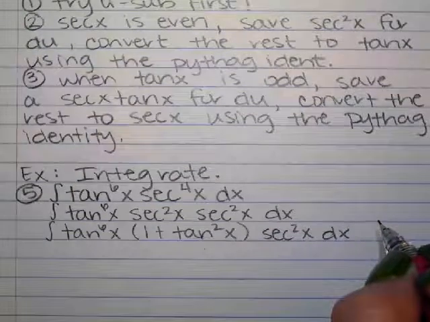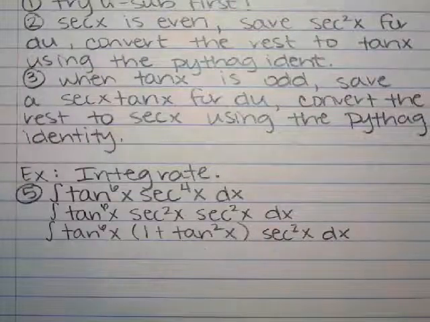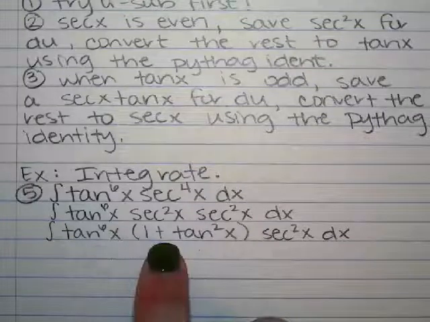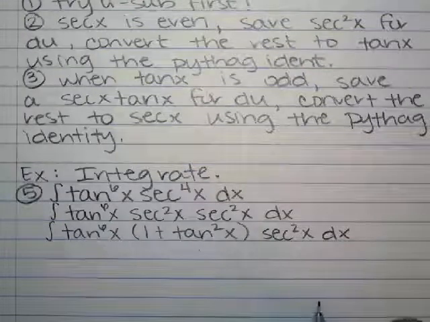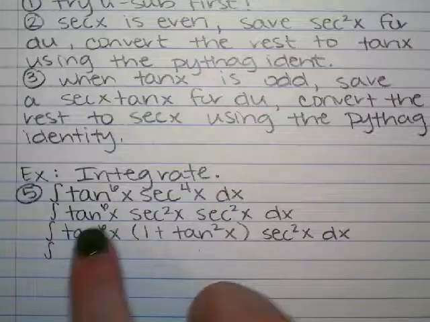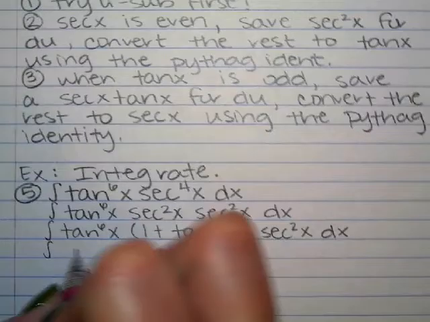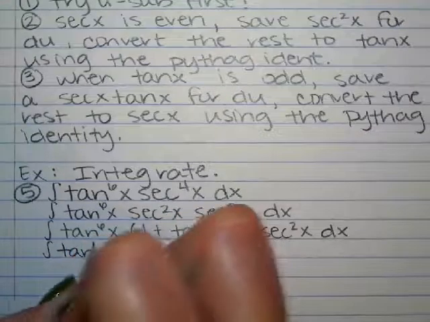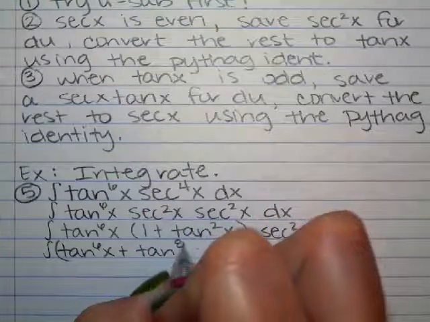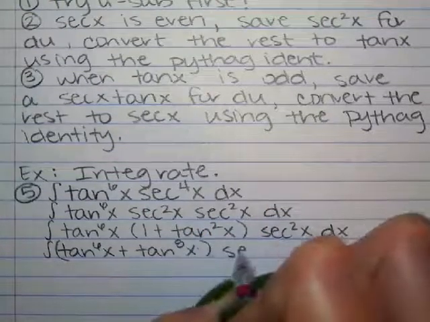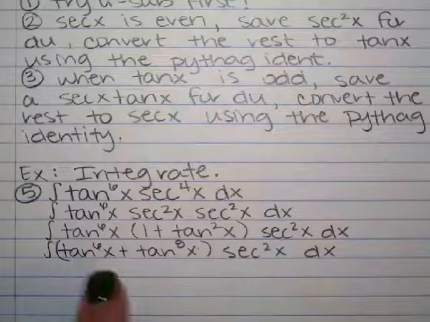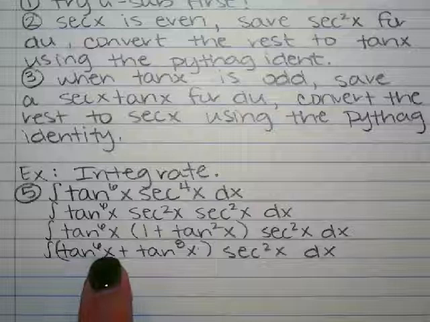Do you want to turn this into u's and then distribute the tan to the sixth, or do you want to distribute now? Distribute now? Okay, so take the tan to the sixth, and when you distribute, what do you get? Perfect. So we can have our u be tangent, and then our derivative of tangent is secant squared. So we've got our u and we've got our du.